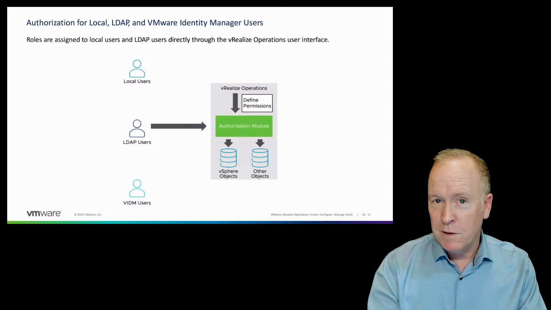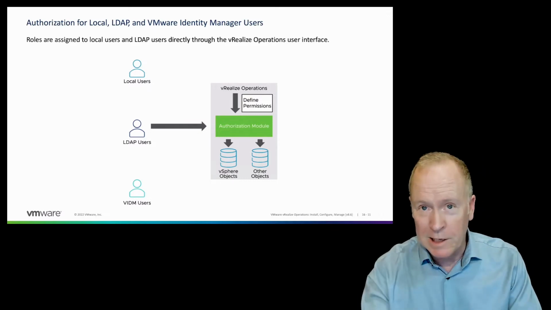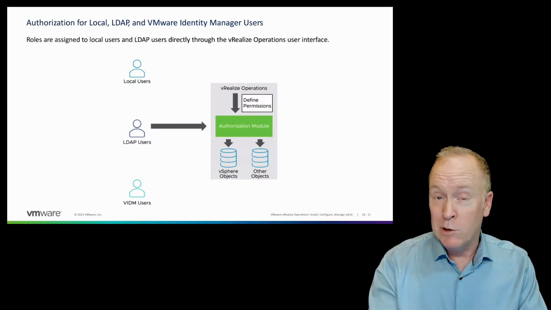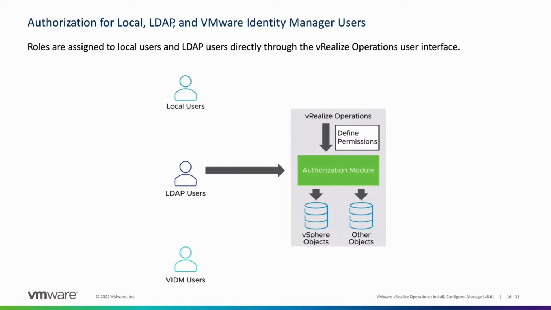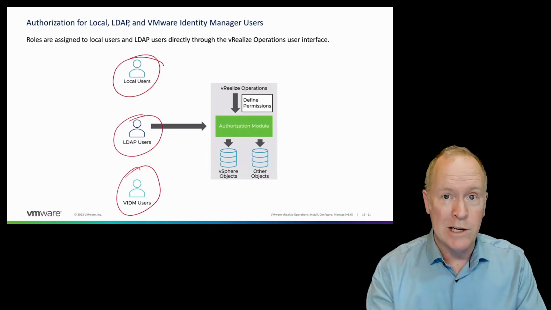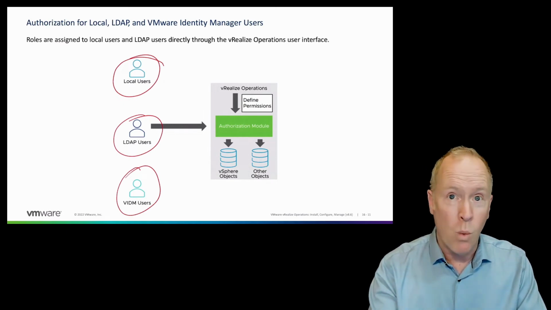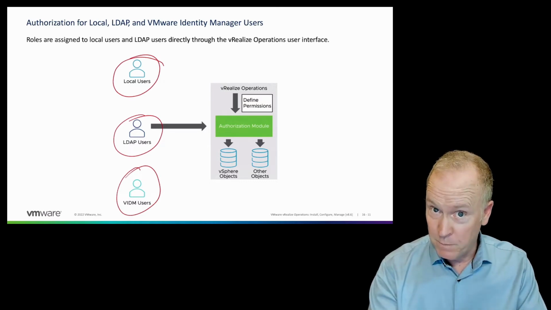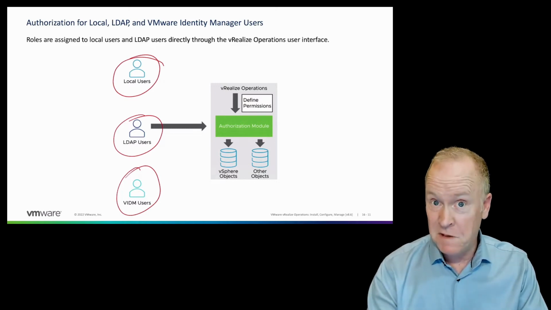When a user logs into vRealize Operations and gets through that authentication stage, when we subsequently need to figure out what the user is authorized to do, what's going to happen is if the user is a local user, an LDAP user, again, that could be Active Directory or Open LDAP, or if the user is a VMware Identity Manager user, in all three of these cases, it is vRealize Operations itself that determines what these users are going to be able to do. That's different from other types of accounts, such as vCenter Server accounts.